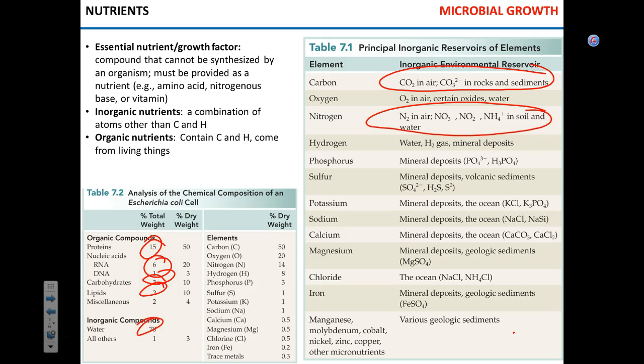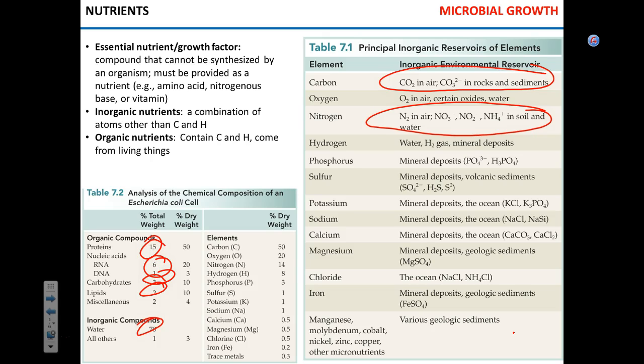DNA, of course, nitrogenous bases. So DNA, RNA, nucleic acids. Where else? Proteins, yeah, amino acids. That's why they're called amino acids, right? Lipids, not really, no, unless they're modified. Does that make sense? So proteins and amino acids. This is extremely important to get nitrogen in there, but it's inert.